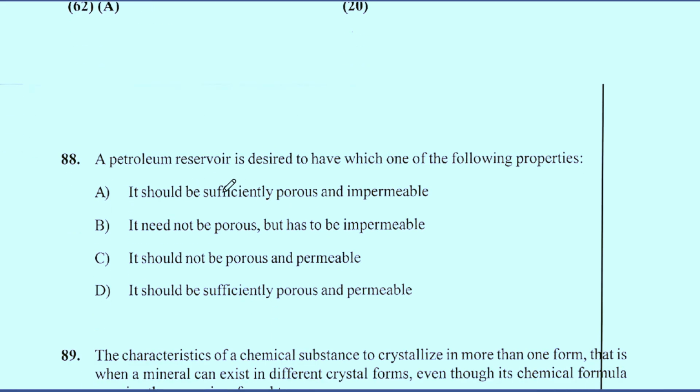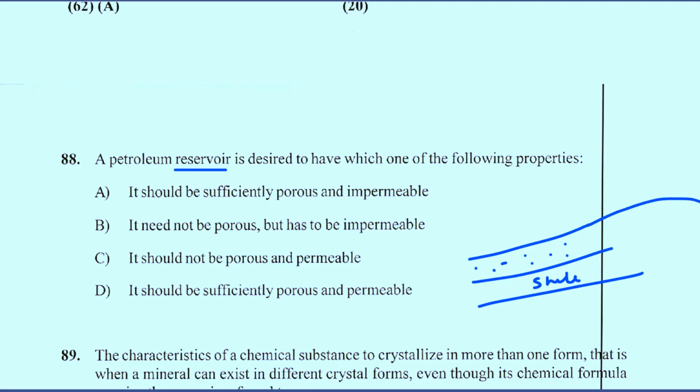Next question: a petroleum reservoir is desired to have which one of the following properties? It should be porous as well as permeable. I will explain reservoir. Suppose this is a source rock, a shale. This is a sandstone, and this is some anticline where we are getting gas, oil, and water.